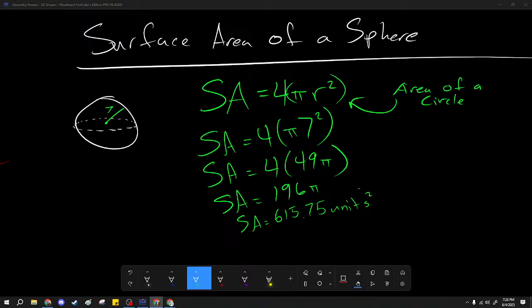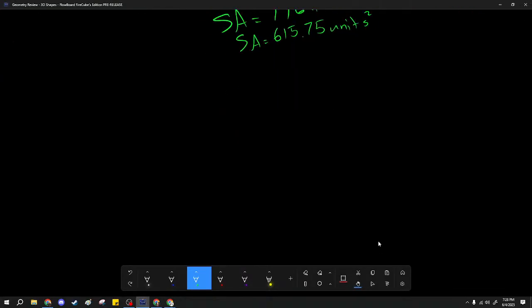This is the slant height? Oh, that's right. I'll do that. And then cone. Cone is fun. Actually, the cone and the pyramid also kind of follow the same rule, so we'll do those at the same time. I don't see any questions, so I'm going to go ahead and move to the last thing we're going to do.